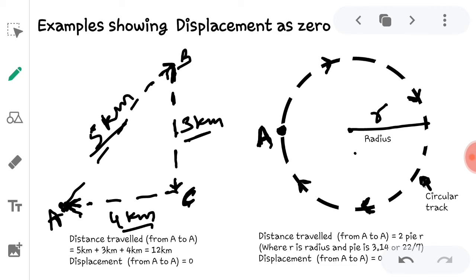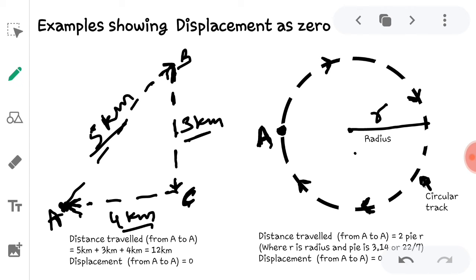Now we'll discuss some examples that show displacement to be 0. Yes, displacement can be 0, whereas distance can never be 0. Here is a basic example, a triangle and a circular path. In the triangle, the distance traveled from point A and coming back to point A is 5 plus 3 plus 4, which makes 12 kilometers.